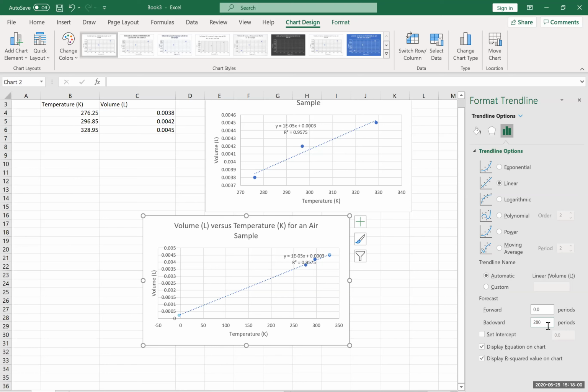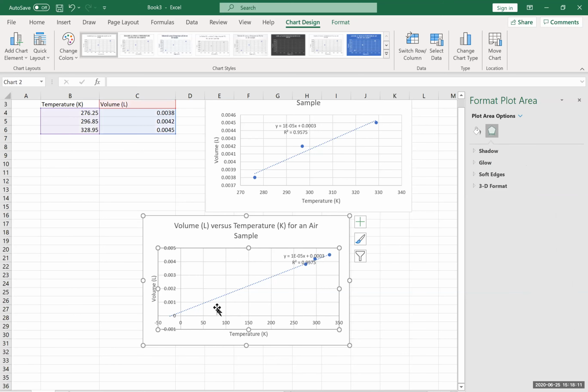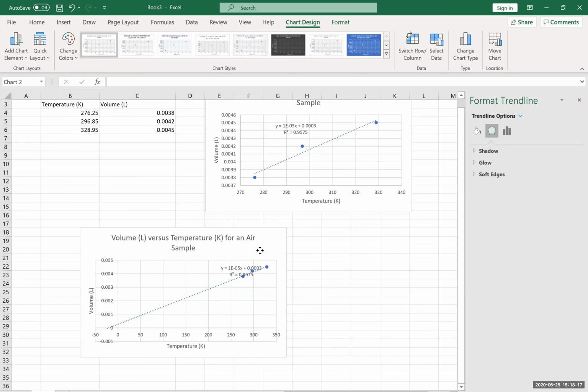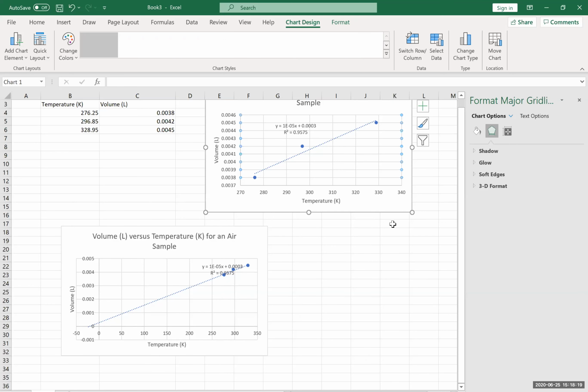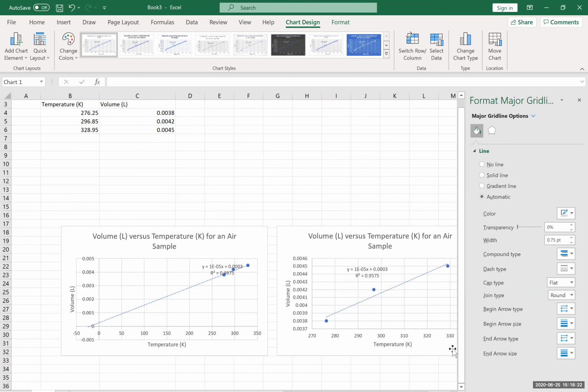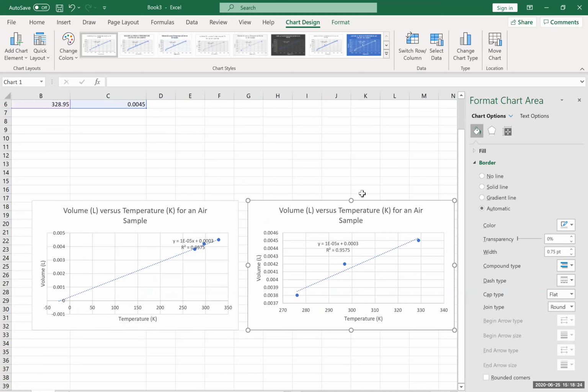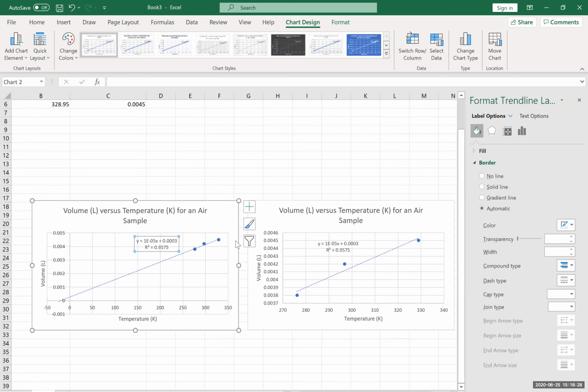So we're going to continue to forecast backwards an additional, to about 300 units. So here's our forecasted trend line, and here's our actual trend line. And so these are the two graphs that I'd want to see for this experiment.